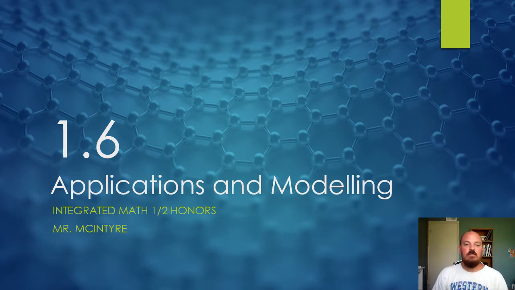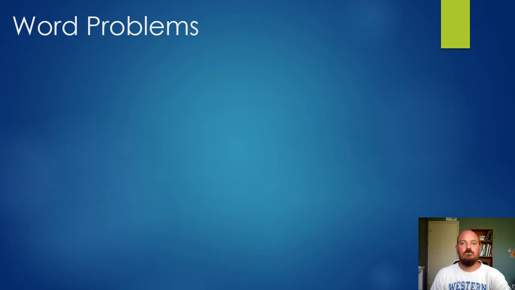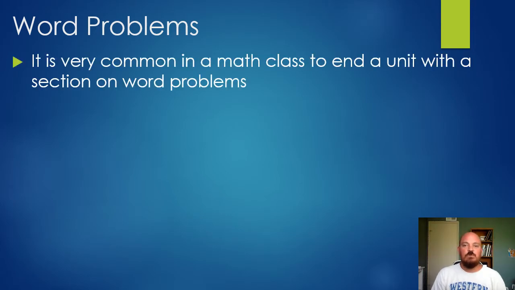Hi everyone, this is section 1.6 on applications and modeling, and let's take a second to talk about those two words. First of all, it's really common in a math book to go through a chapter or a module, whatever they call them. You learn a bunch of stuff, and then the very last section of that module is on word problems.